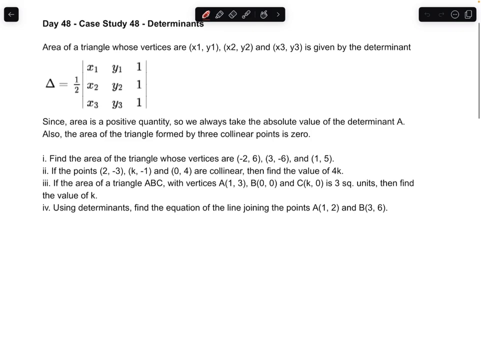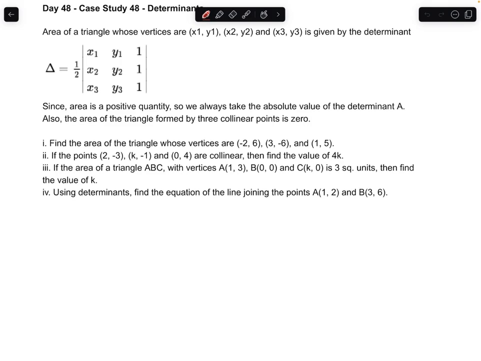Question 1. Find the area of the triangle whose vertices are (-2, 6), (3, -6) and (1, 5).